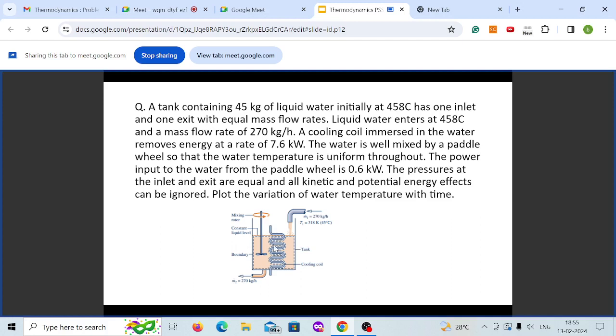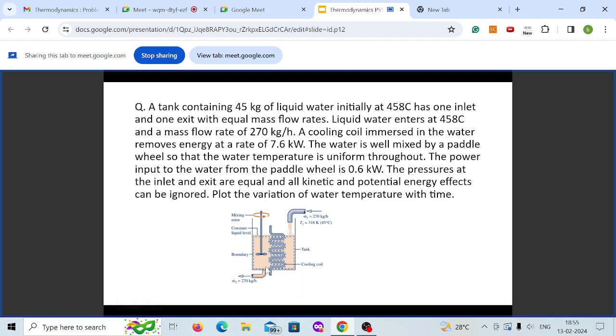So you have a cooling coil going into the tank, removing energy at 7.6 kilowatts, and liquid coming in at 270 kg per hour at 45 degrees Celsius, and you also have a paddle wheel which rotates to make the temperature uniform in the tank. The power input to the water from the paddle wheel is 0.6 kilowatts.